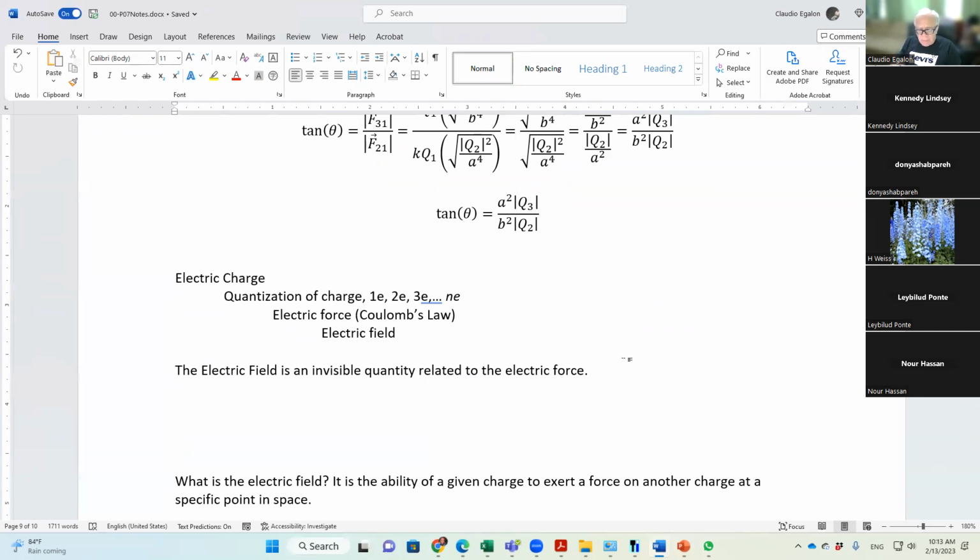And it's sometimes very difficult to visualize. It's difficult to visualize because it's a very abstract concept.